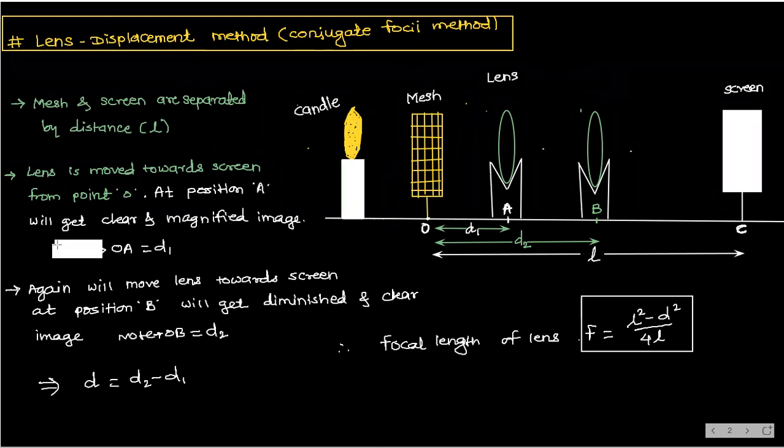Measure OA with the scale. Now we have to use the scale also for measuring these distances. Measure OA, that is equal to D1. Here also measure OB. We will do this when we do the practical now. That time you will understand much better. So measure this OB, that is D2, and then subtract D2 minus D1 and substitute in this formula. You will get the focal length of that lens.